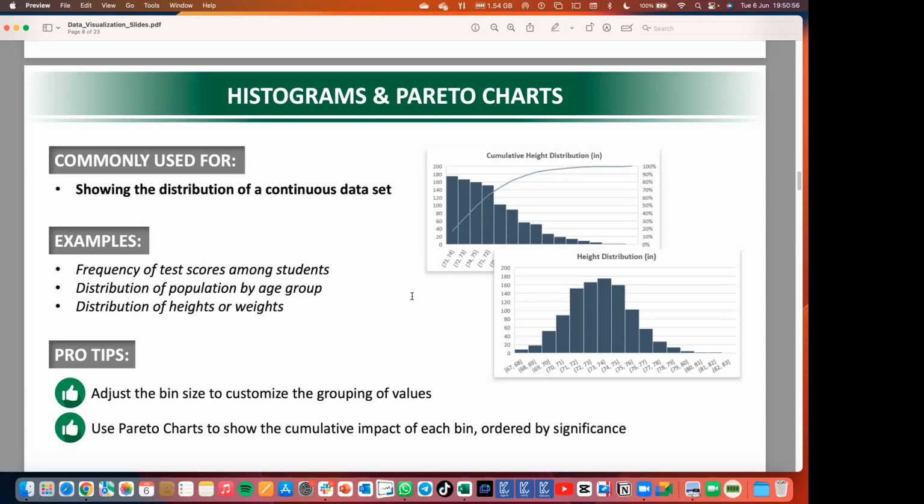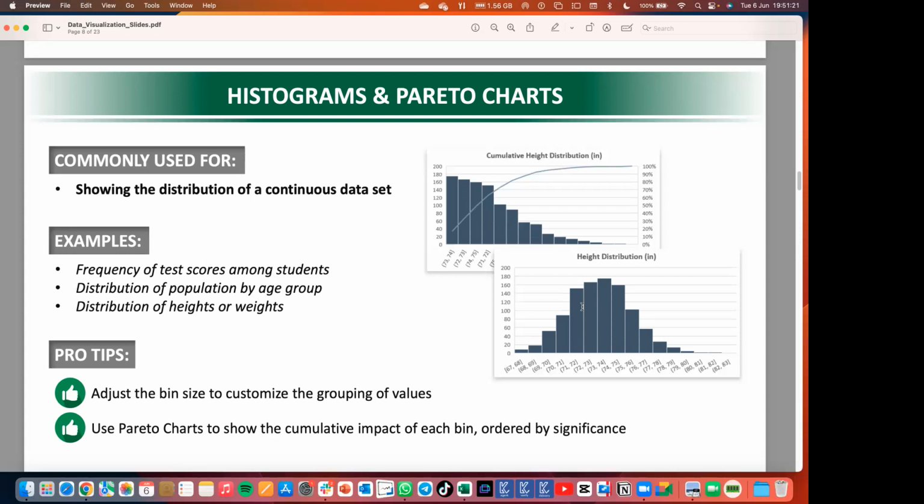Now, when we come to look at that impact always, that's when we come and use a Pareto. We are going to use it at some point. You'll see whether it is always viable for you to use or not, but it is something good when you understand how to explain it. So here they tell us that the histogram shows the distribution. I've already told you, it shows the distribution, how your numbers are distributed.